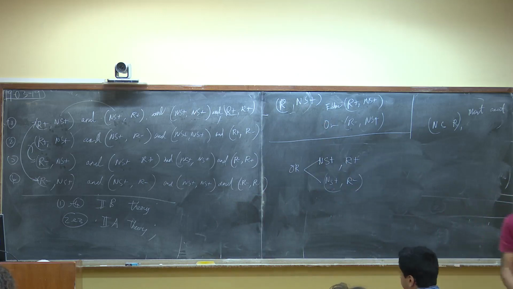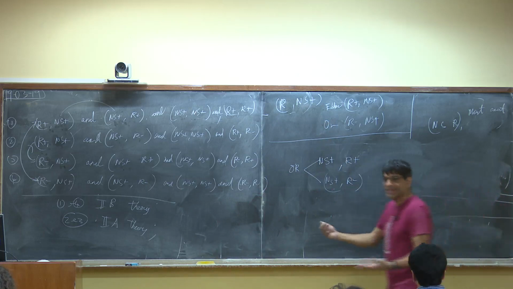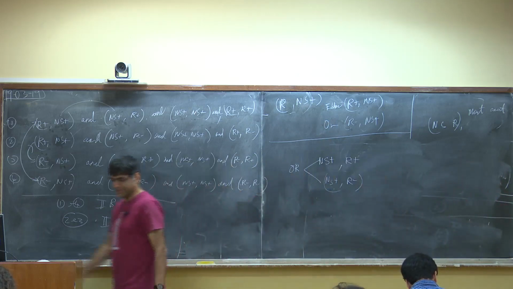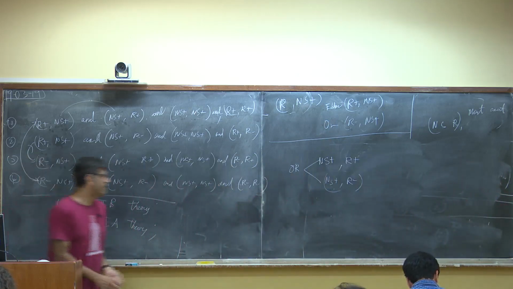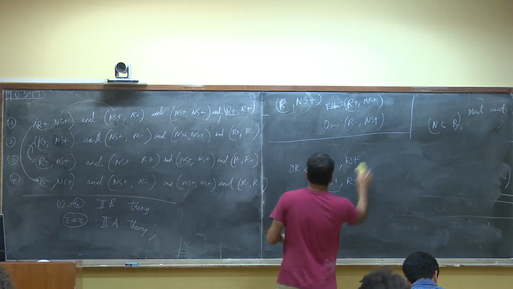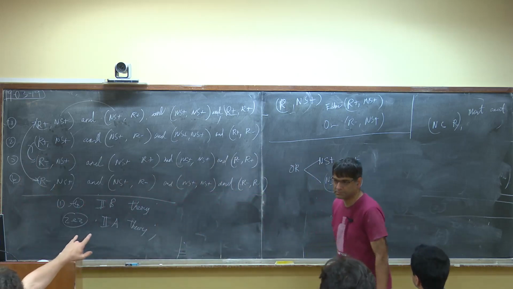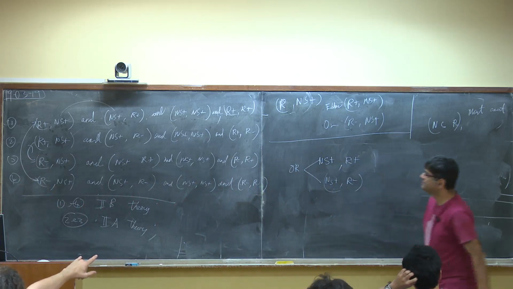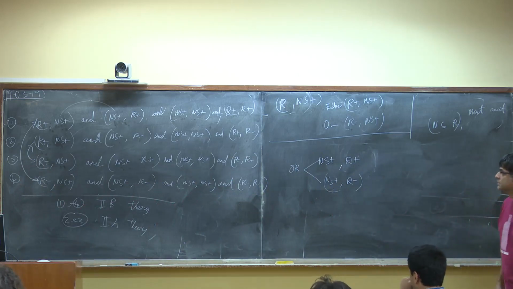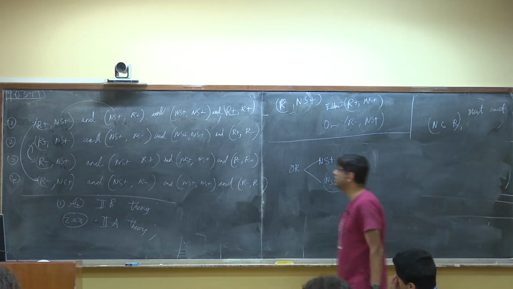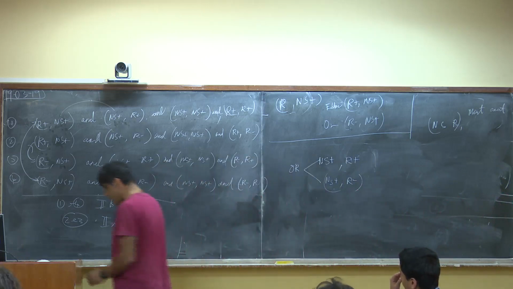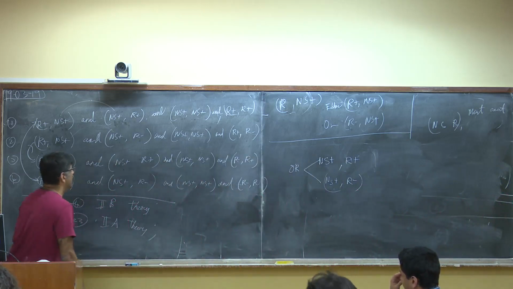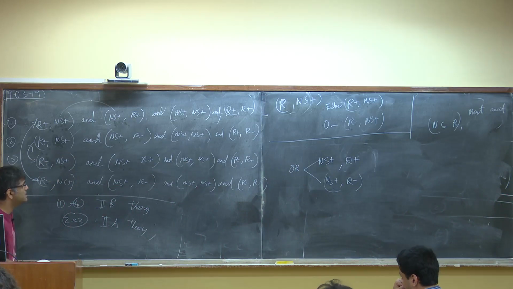There may, in addition, be theories that don't contain space-time fermions. And those are the ones we're going to look for. Okay. So now let us look for theories with. If we just take the right-hand side of this, is that also consistent? In other words, just have NSNS and RR.